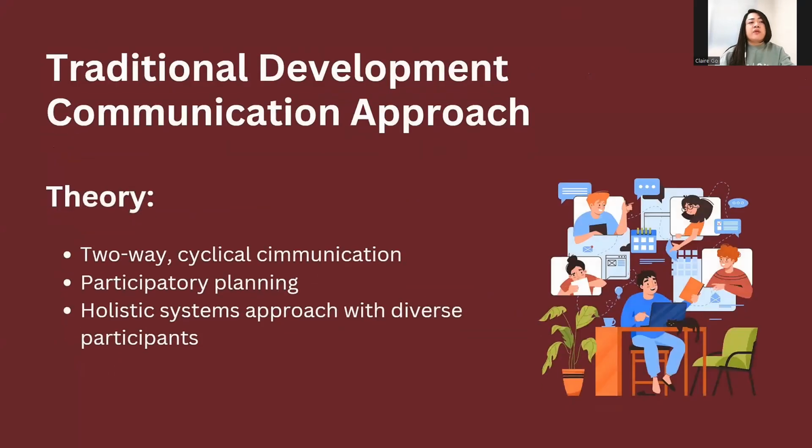Moving into our first focus area, let's look at the theory behind the traditional development communication approach. This approach is often characterized by what we call the unilinear communication model. Let's break down its key features. First, it involves a one-way flow of information, where communication moves in a linear path from sender to receiver.